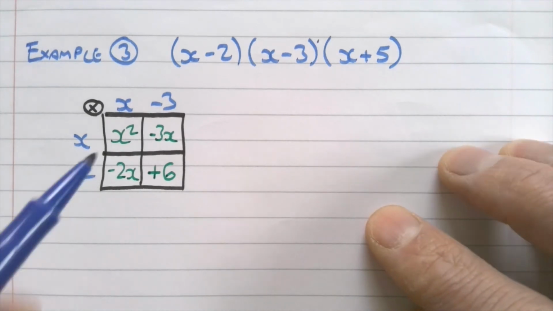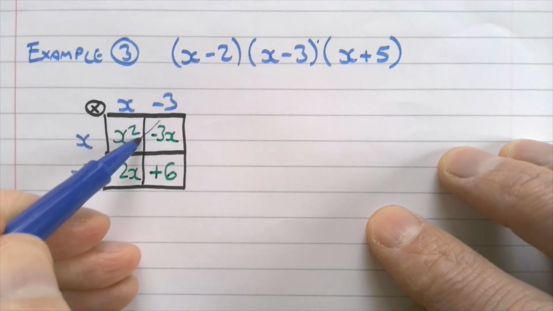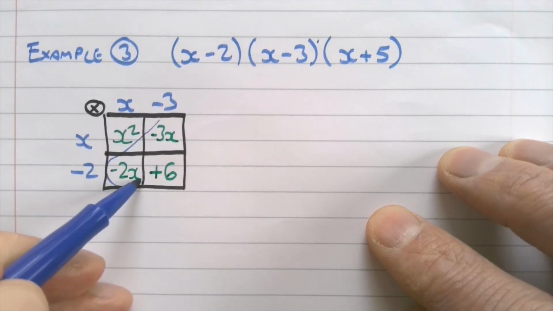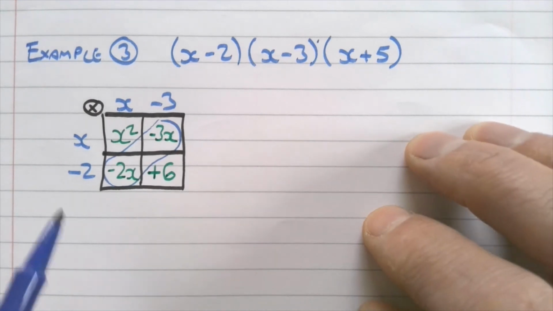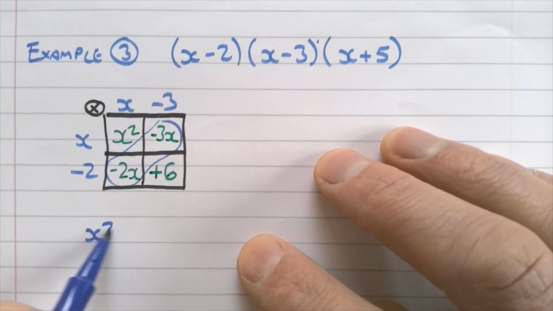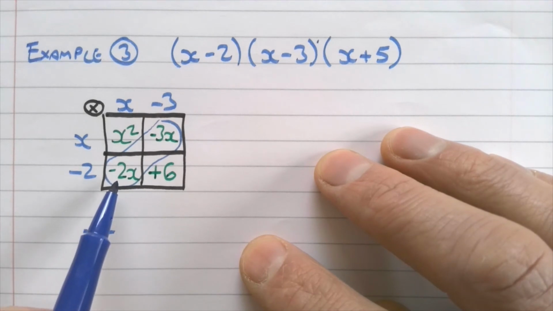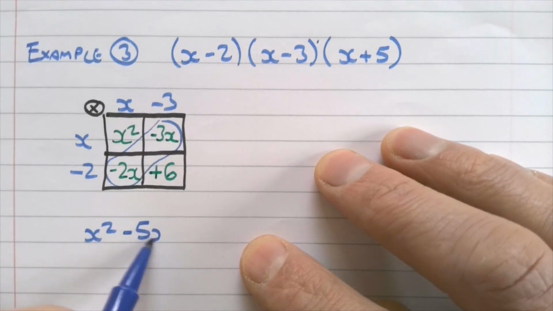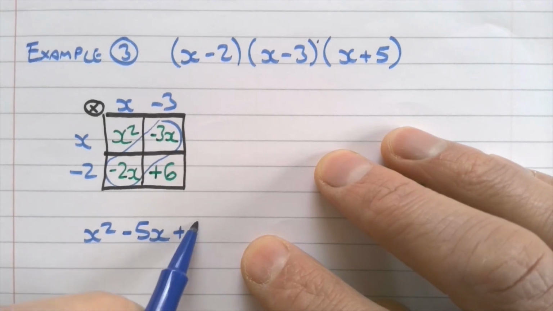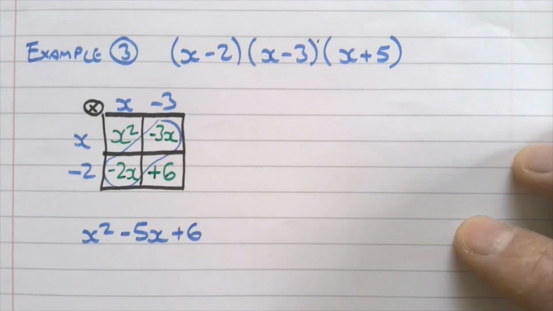So we just need to collect up the like terms. So here we've got some x's on their own we can collect up. So the most important term is x squared. Then I've got minus 2x, take away another 3x, that's going to give me minus 5x, and then just the plus 6. Okay, so we're going to carry that forward.